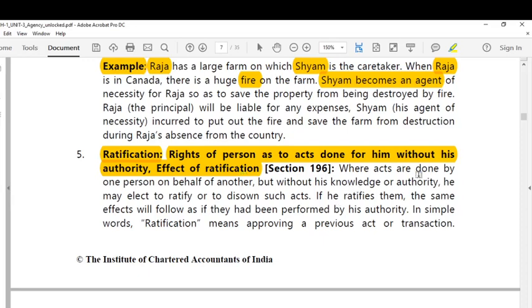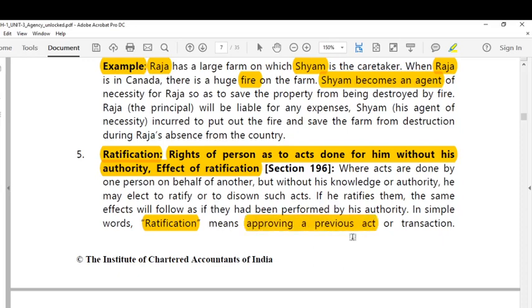Let us see. Where acts are done by one person on behalf of another, but without his knowledge or authority, he may elect to ratify or to disown such acts. If he ratifies them, the same effects will follow as if they had been performed by his authority. In simple words, ratification means approving the previous acts.